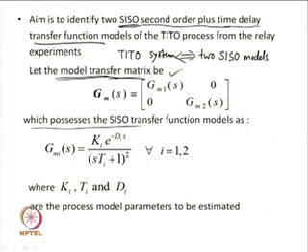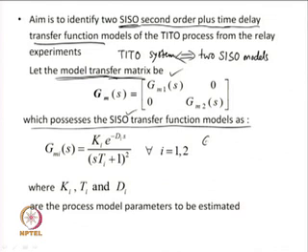One can choose the single input, single output transfer function models to be of the form GMi(s) equal to Ki e to the power minus Di s upon (Ti s plus 1) square, for all i equal to 1 to 2.